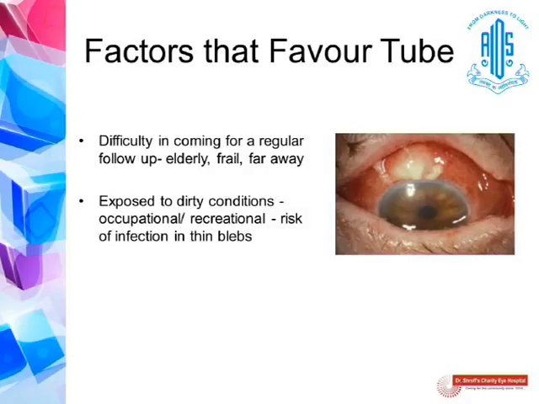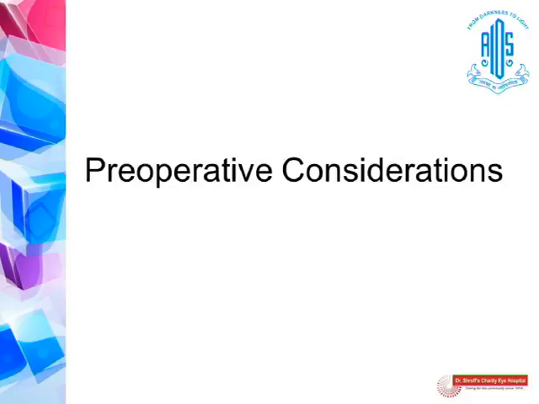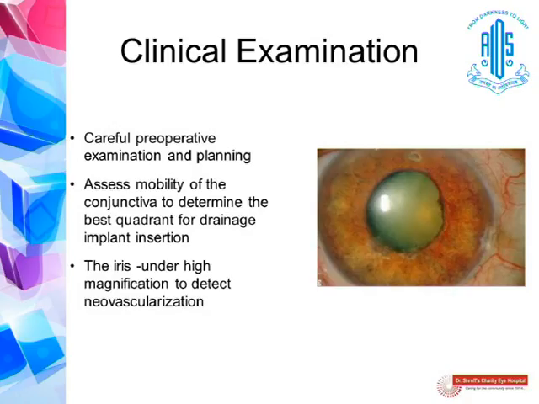So once you have decided that you want to go ahead with a tube implantation, there are a few preoperative considerations which should be kept in mind. A careful preoperative examination and planning is a must. We must assess the mobility of the conjunctiva because we have to determine which is the best quadrant for the drainage implant insertion.